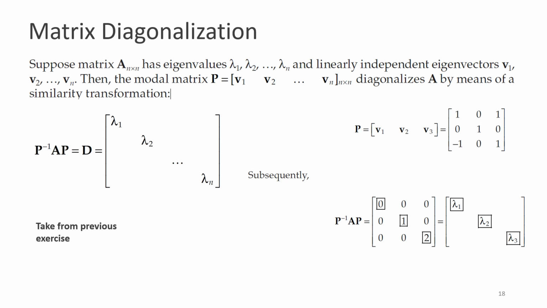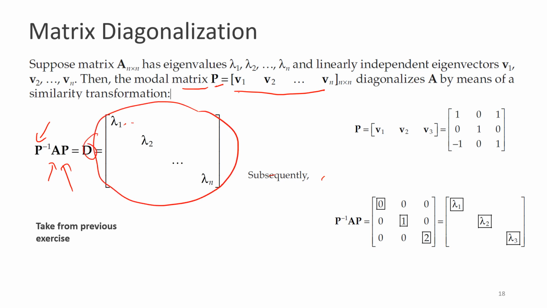When you have an n by n matrix with eigenvalues lambda 1, lambda 2, lambda 3, and so on, and linearly independent eigenvectors v1, v2, v3 until vn, which create the n by n matrix P, then if you multiply P inverse with A and then multiply again with P, you will have a diagonal matrix consisting of the eigenvalues of that particular matrix.